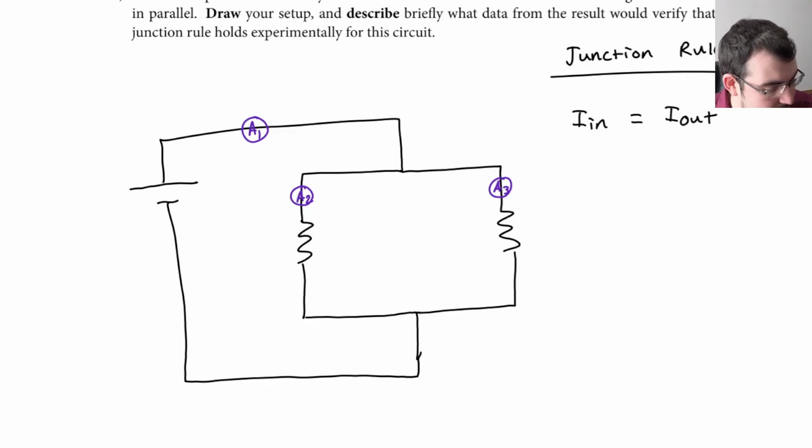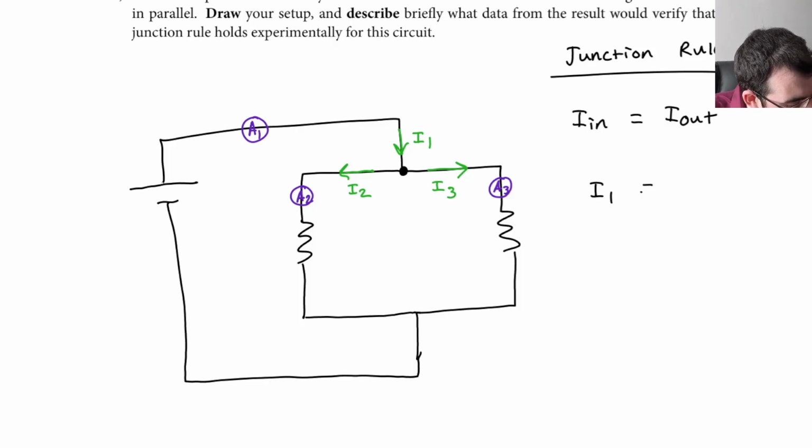Because if we have our total current in the circuit, this would be our current I1, and then our current would split into I2 and I3. To avoid clutter, I'll put these underneath. So we're just checking that the current I1 should be equal to I2 plus I3.